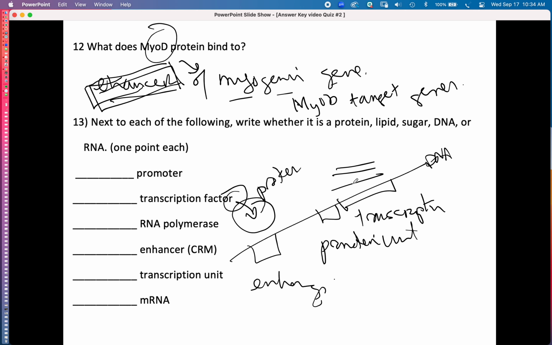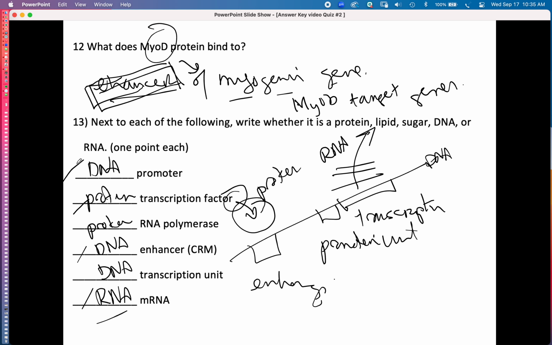The RNA, it's RNA. So the answers to these are that the promoter is DNA, transcription factor is protein, and RNA polymerase, protein, enhancer DNA, transcription unit DNA, and mRNA is RNA. And you got one wrong for each of those if you got them wrong.